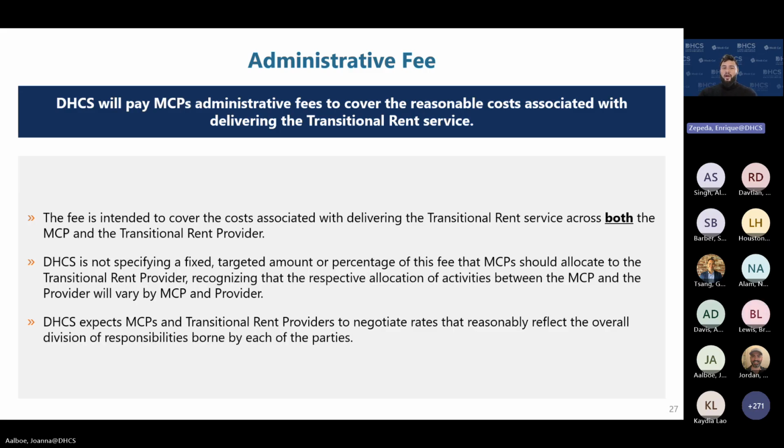DHCS is not prescribing how this fee should be allocated, given that the division of administrative activities between the MCP and the provider will vary. The department expects MCPs and transitional rent providers to negotiate rates that reflect the overall division of responsibilities for each of the parties. Next slide, please.